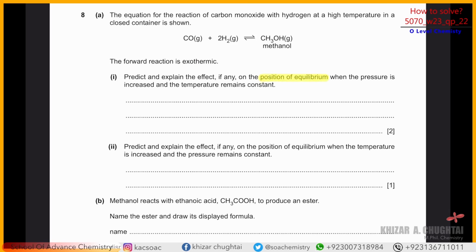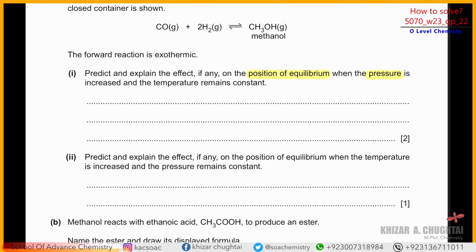when pressure is increased and temperature remains constant. It's a typical question once again. Basically they are asking the effect of pressure on the position of equilibrium when all other conditions are the same or constant.